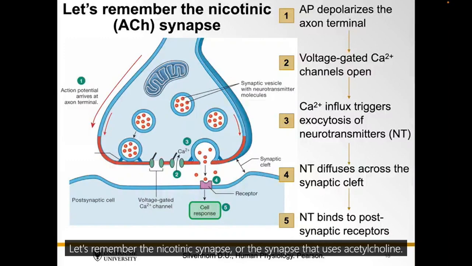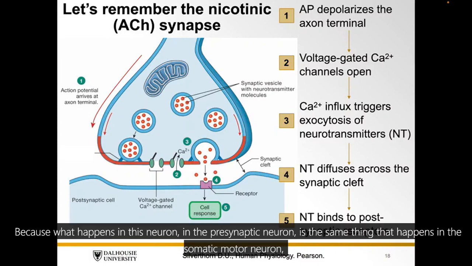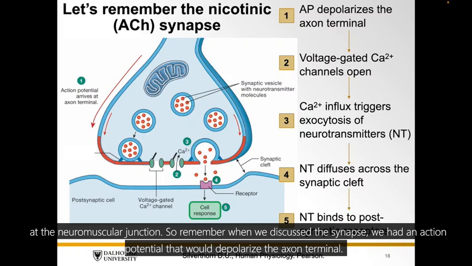Let's remember the nicotinic synapse, or the synapse that uses acetylcholine. Because what happens in the presynaptic neuron is the same thing that happens in the somatic motor neuron at the neuromuscular junction. So remember, when we discussed the synapse, we had an action potential that would depolarize the axon terminal.